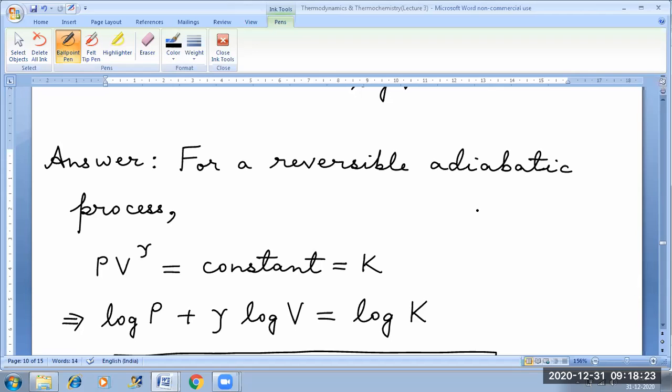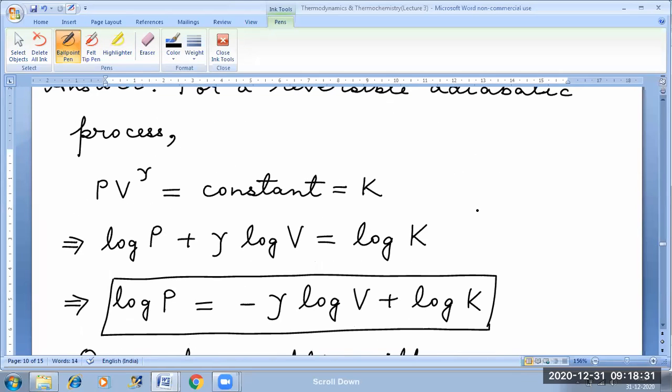Now, I want to bring it to a form such that I can easily compare it with the equation of a line. So I have brought it to this form, the one that you see inside the box. This is the form of the equation containing log P and log V.